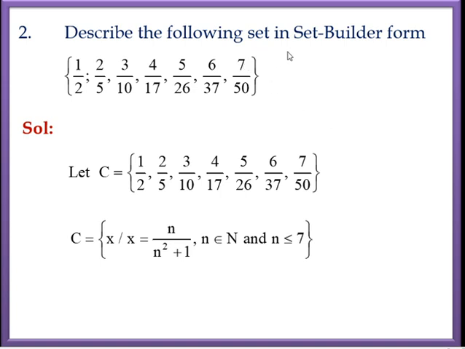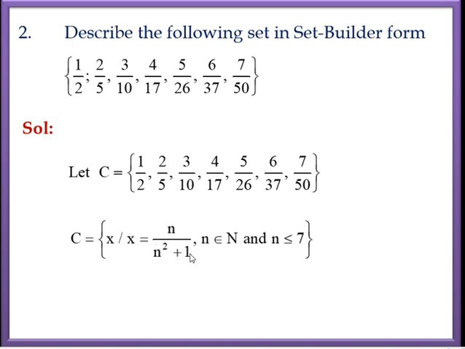Describe the following set in set builder form. So this is the set. We denote that set by C. You will observe that this can be described as set C, set of all x such that x equal to what? n upon n square plus 1. Because if you observe the numerators, they are consecutive natural numbers. And what about the denominator?